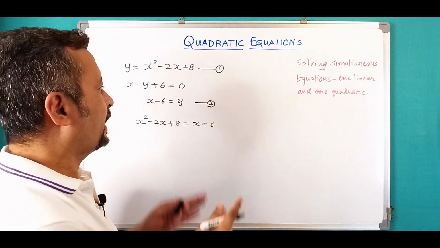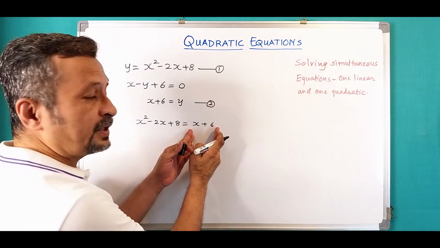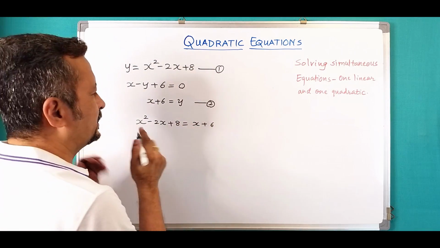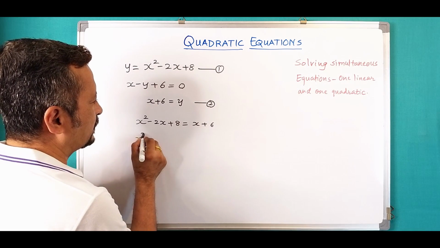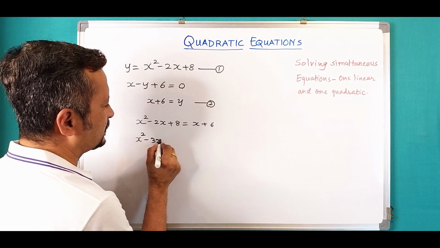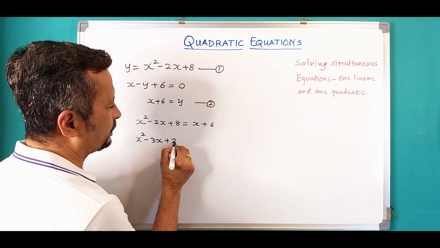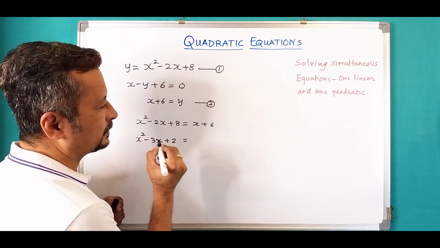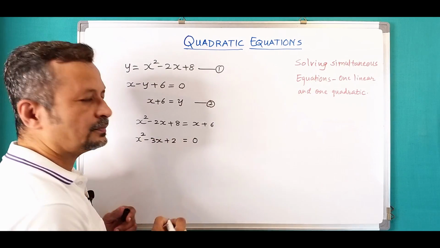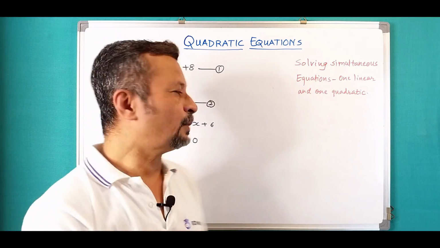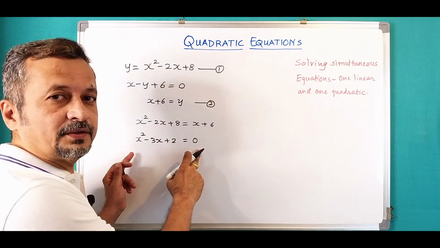Now I take everything from my right hand side to the left hand side. So it would be x square minus 3x plus 2 is equal to 0. Now you have a quadratic equation here, correct?